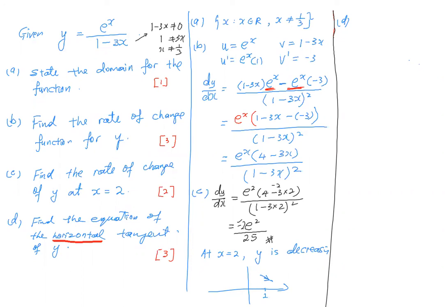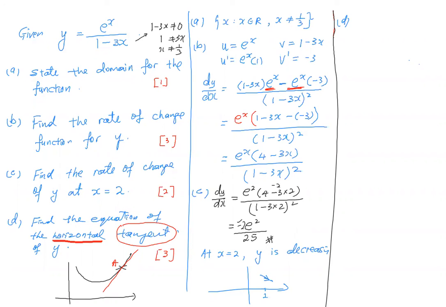A line that touches a tangent. Okay. A line that touches the curve at a specific point, that is called tangent. So that is the meaning of tangent. All right.